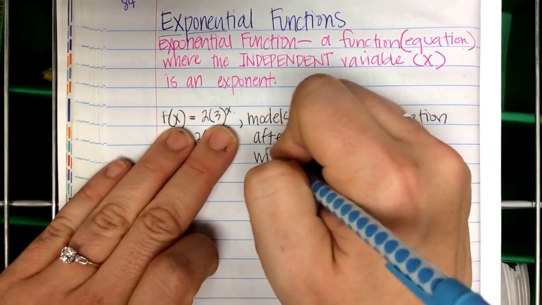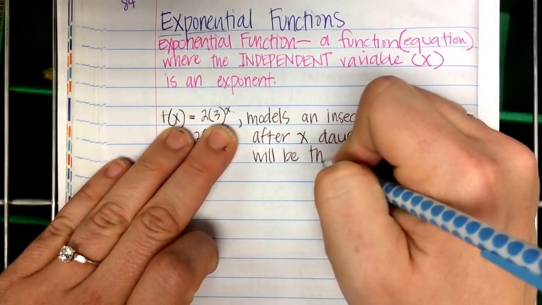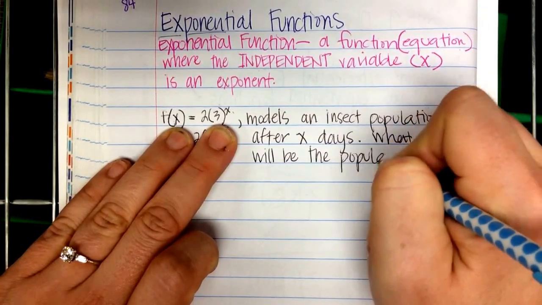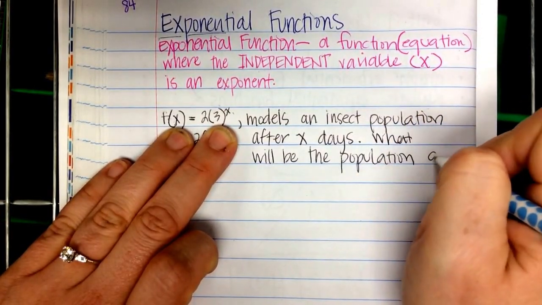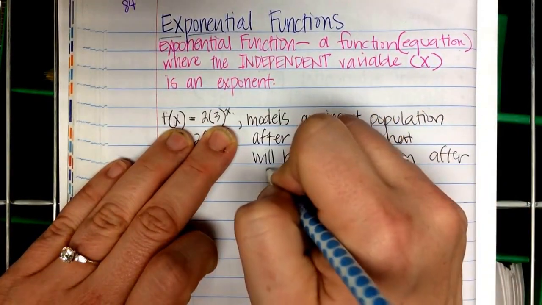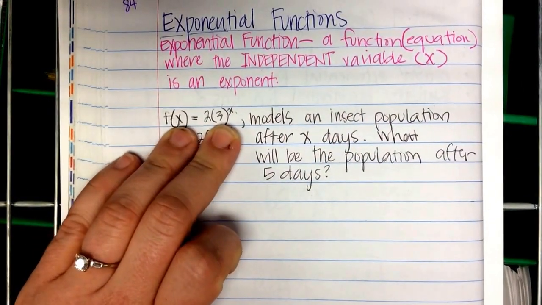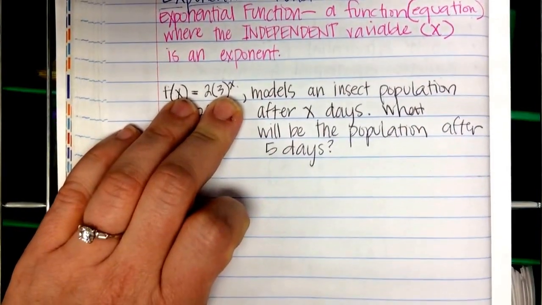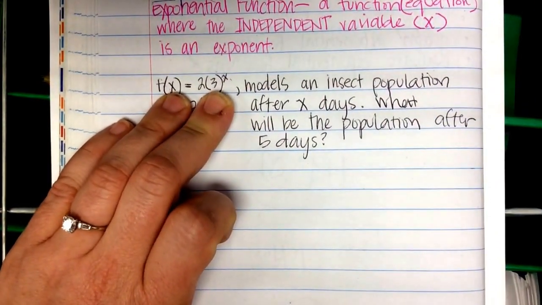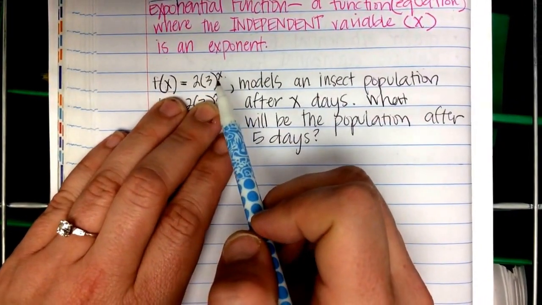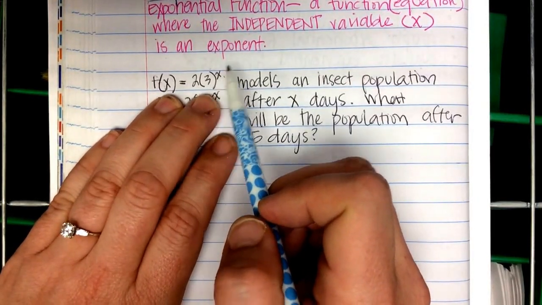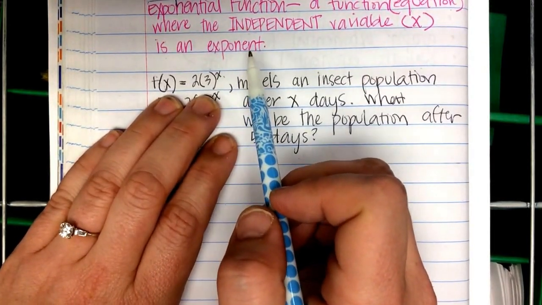What will be the population after 5 days? So this is an exponential function, and exponential functions get big fast.